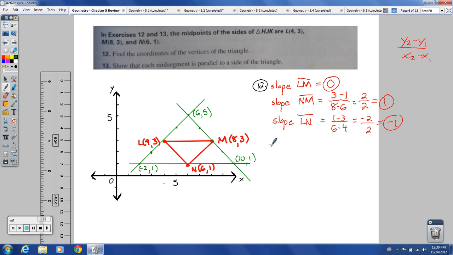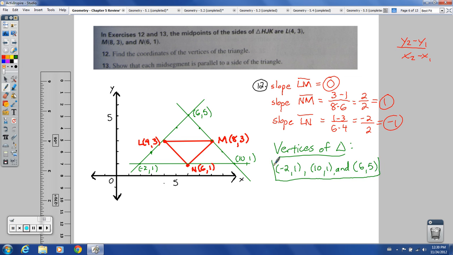So the vertices of the triangle are what we just wrote down there. So let's write them down again. We've got negative 2, 1. We've got 10, 1. And we've got 6, 5. That'd be my final answer for that.